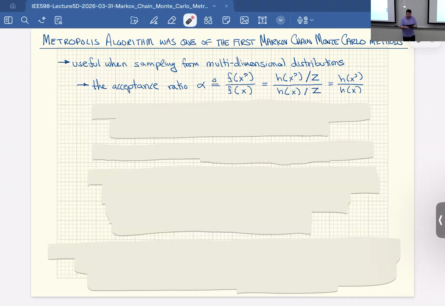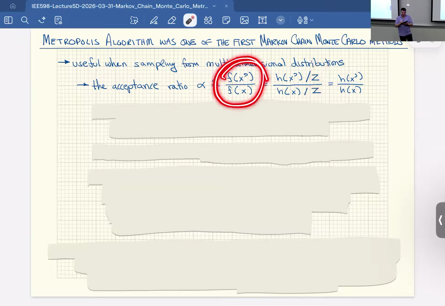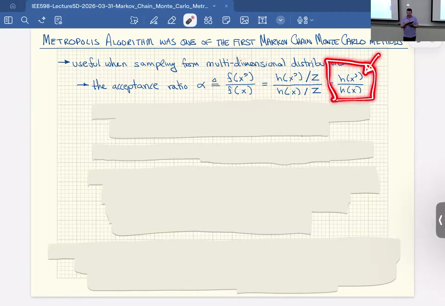But because I'm going to divide by another density, which is normalized by the same thing, then I actually don't care about the normalization constant. I can just cancel it out. So even though I'm sampling from a density function, my acceptance ratio can be based on something that's just proportional to the density functions.